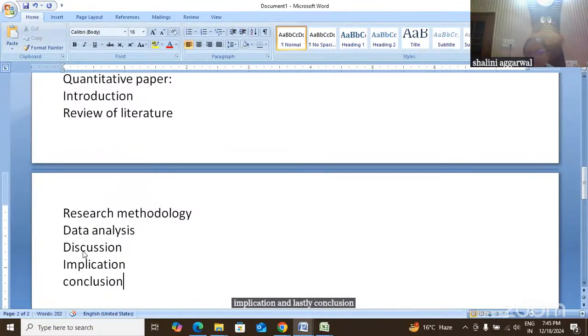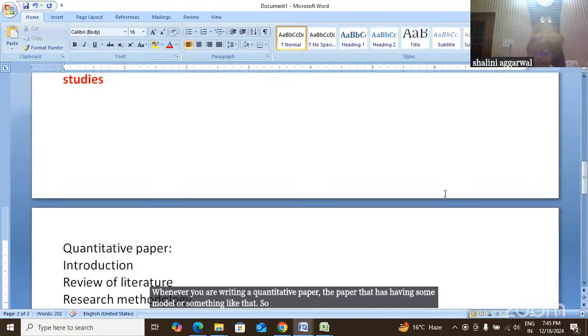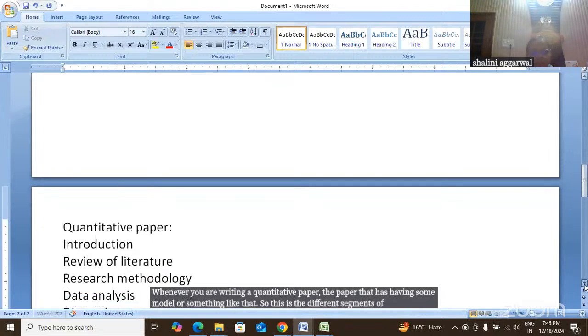This is for a quantitative paper, one that has some model or something like that. These are the different segments of a normal paper.